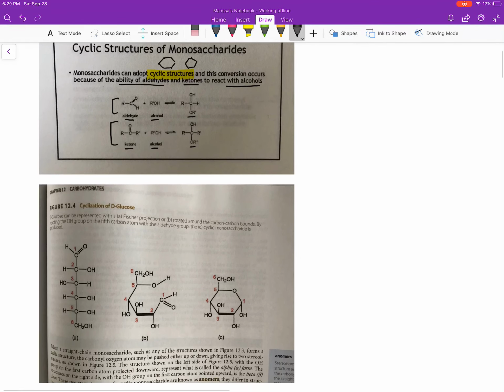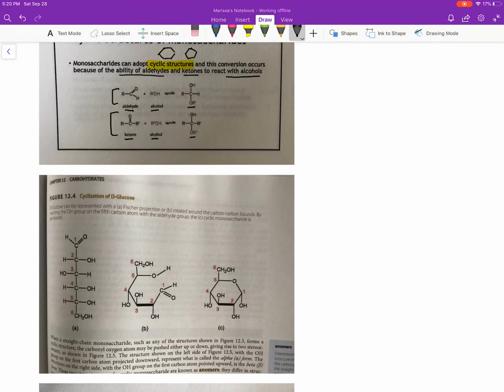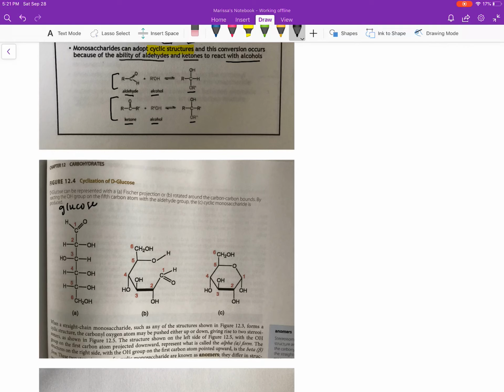What this looks like, in this example right here, is glucose. Think back to how we talked about numbering and naming. The nice thing about this figure is that it's colored, so we can see the numbers 1 through 6. You can see that carbon 1 is reacting with the alcohol on carbon 5.